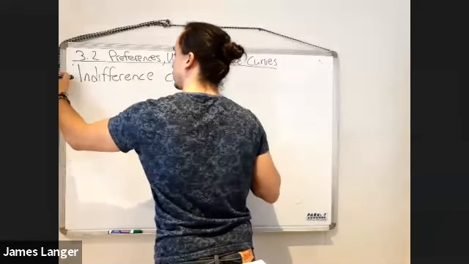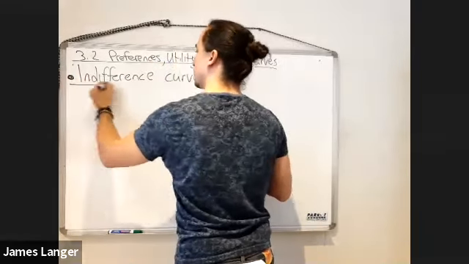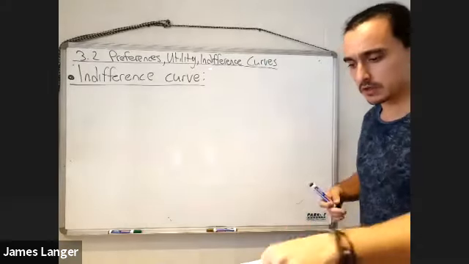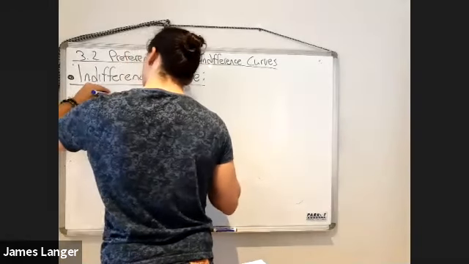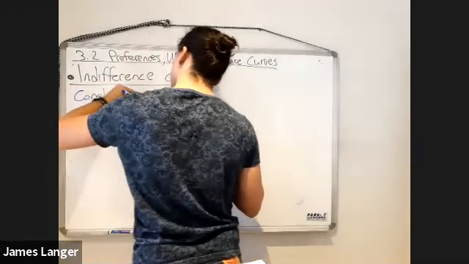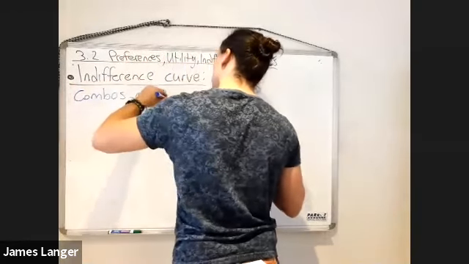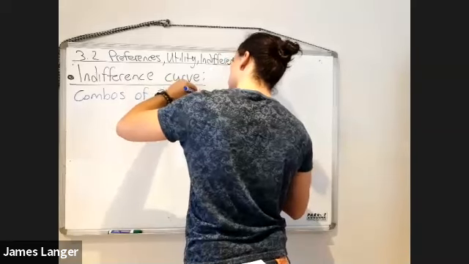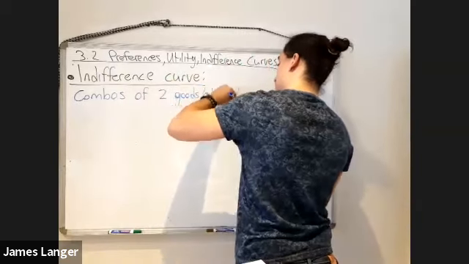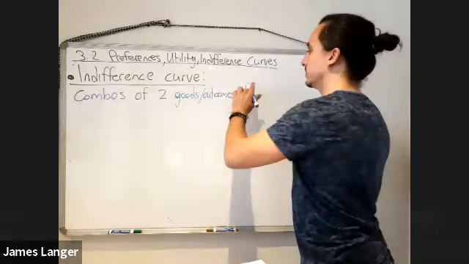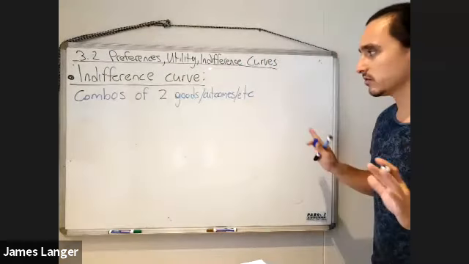So what is an indifference curve? An indifference curve shows combinations of two goods, outcomes, etc. It could be anything, right?